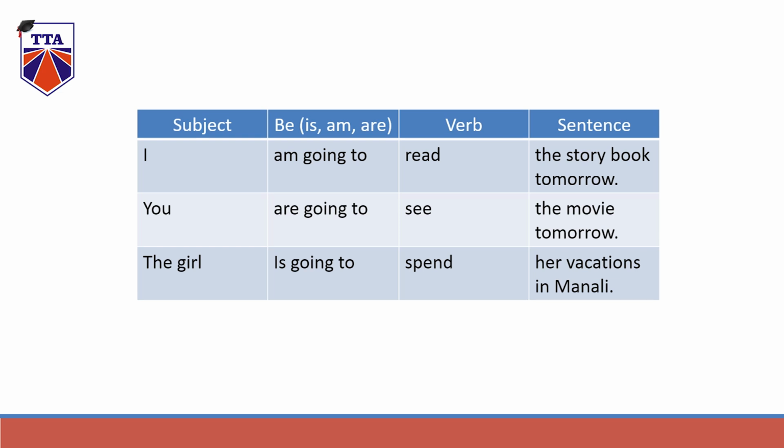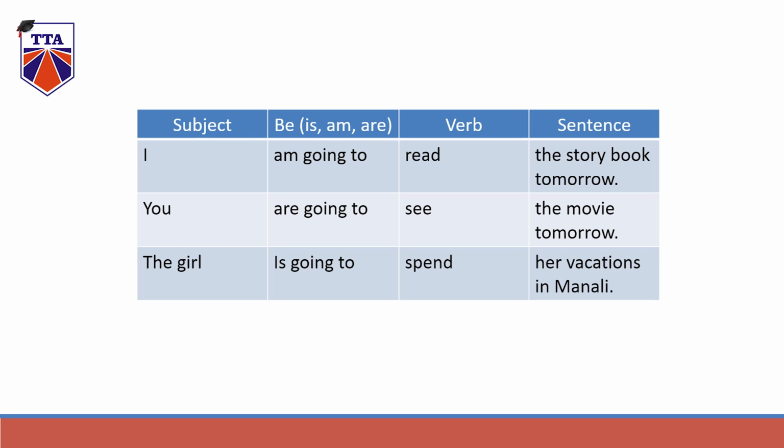The first example is I am going to read the storybook tomorrow. Next example, you are going to see the movie tomorrow. The last example, the girl is going to spend her vacations in Manali.